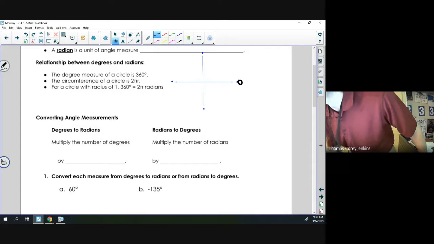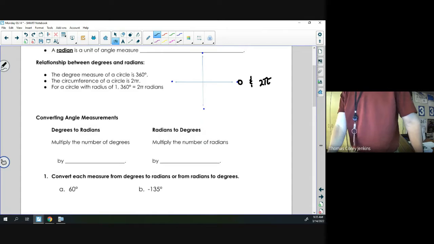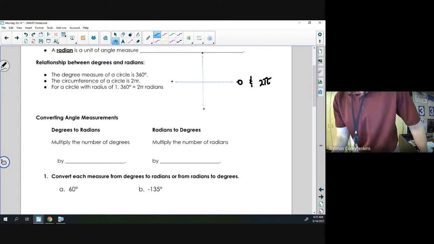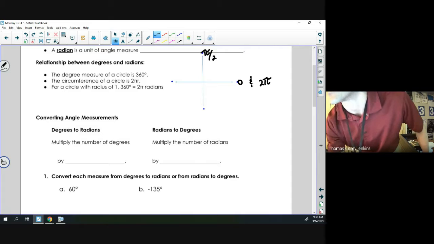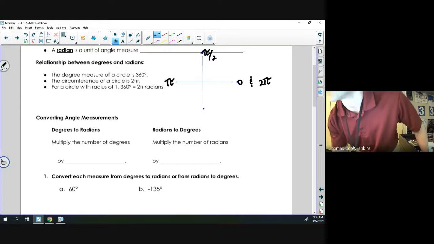But what about 360? That would be 2 pi radians. So a full turn is known as 2 pi radians. 90 degrees is equivalent to pi over 2 radians. 180 is equivalent to 1 pi radians. And then 270 is equivalent to 3 pi over 2 radians.